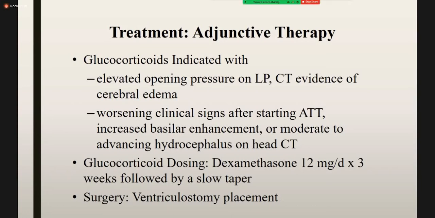Corticosteroid dosing is dexamethasone 12 milligrams per day in 3 divided doses for 2 to 3 weeks, followed by a slow taper over the next 2 to 3 weeks. If raised ICP still persists and hydrocephalus is still a problem, then there is the option of VP shunting.